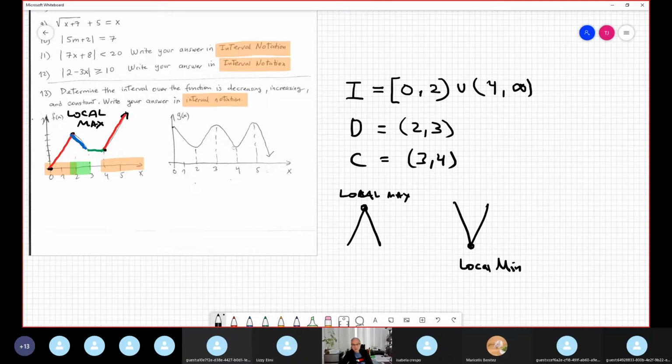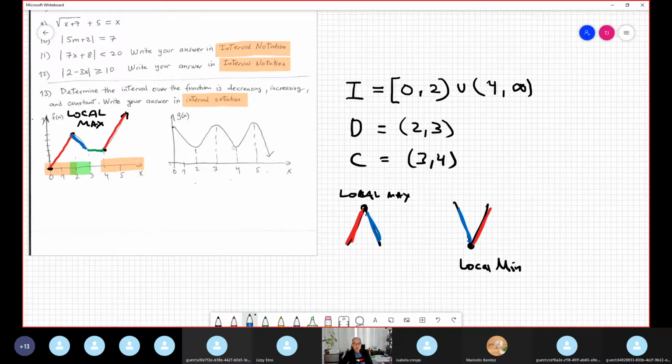And this transition point is not included inside increasing or decreasing, because it's a change of behavior. So this part is increasing and this part decreasing. What is the behavior at this point? I have no idea. That is the reason I do not include it.